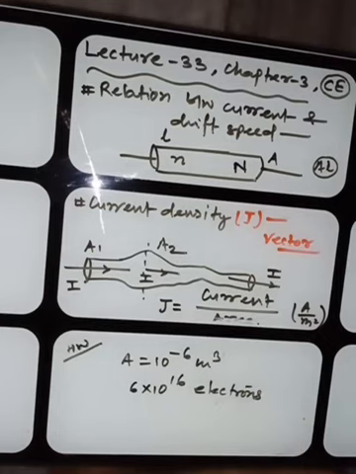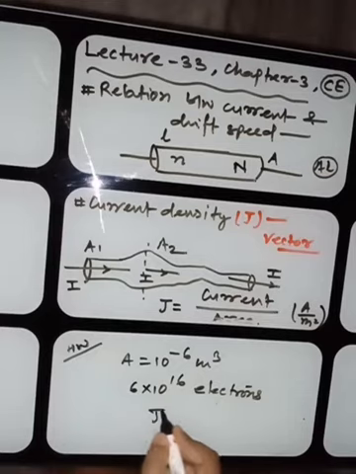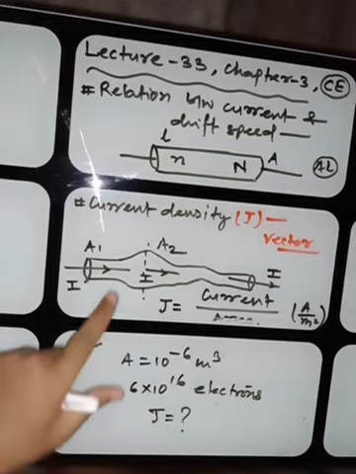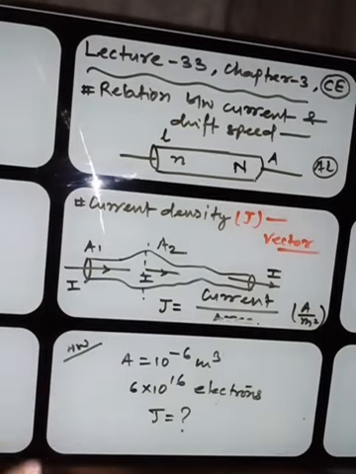Remember, this is given per second. Calculate the current density in that beam. You have to find the current density in that beam. Okay, my dear student, so this is your question, and you have to solve it using this derivation and formula.